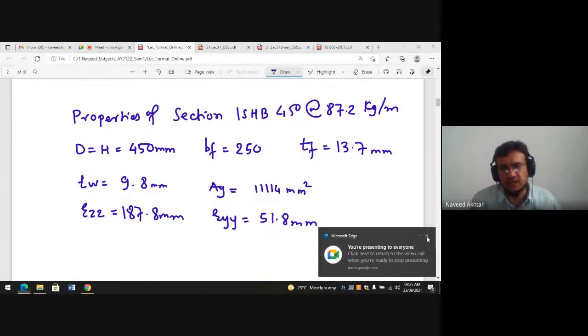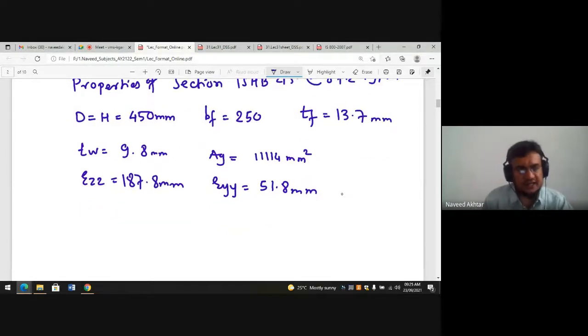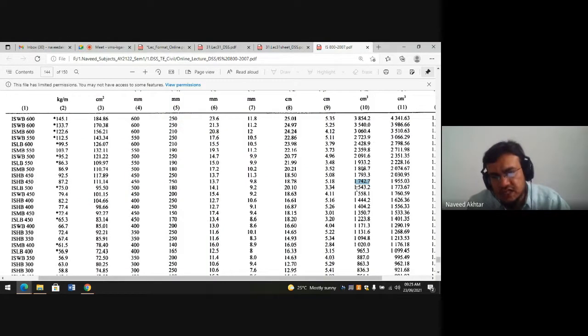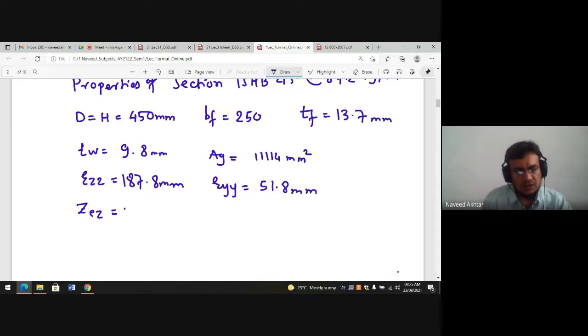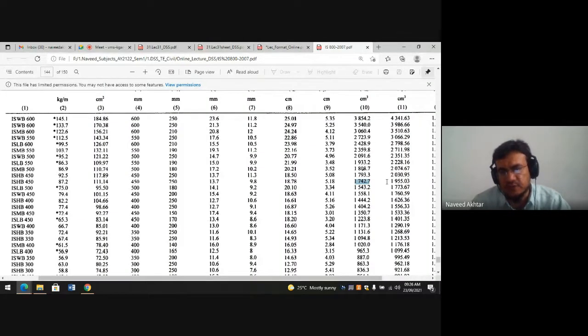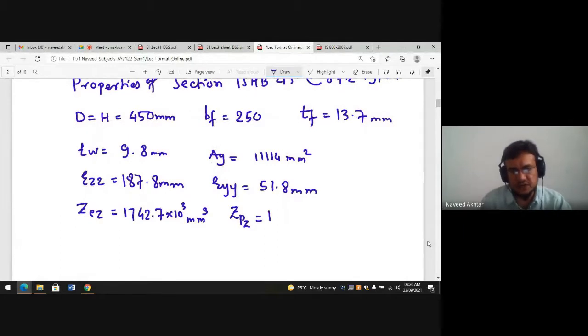ZEZ is 1742.7 into 10 raised to 3 mm cube, and ZPZ is 1955.03 into 10 raised to 3 mm cube. It is given in centimeter cube, so if you convert, you have to multiply with 10 to 3.